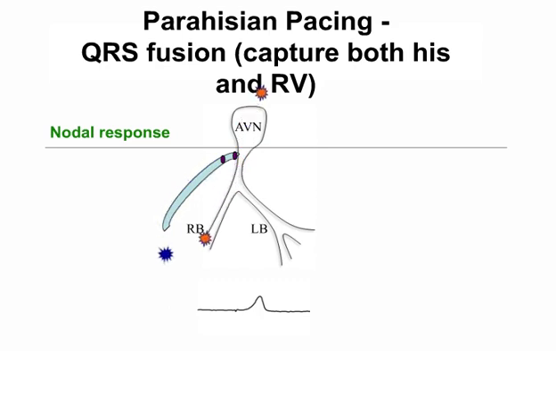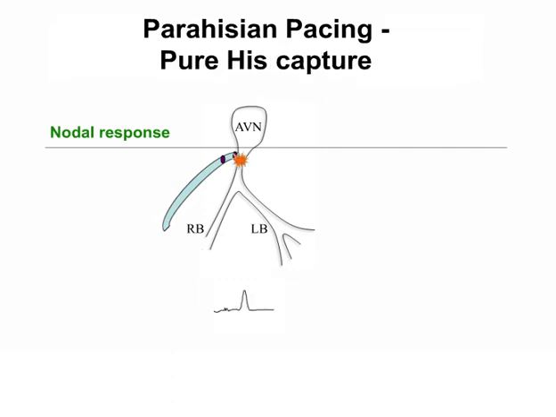However, if you capture the His alone, it's a more direct route. Doesn't matter whether you get fusion between that RV and what's coming down from the His bundle. That's immaterial to what's happening in the AV node. It just matters you captured the His bundle and went retrograde, so the VA time does not change between pure His capture and His capture plus RV.